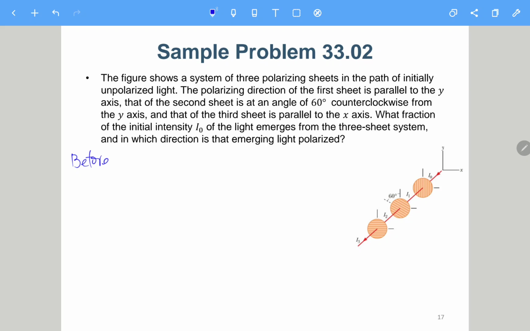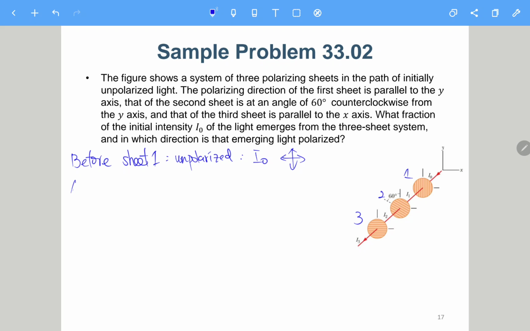Okay, so before sheet 1, so this is 1, this is 2, this is 3. Before sheet 1, the light is unpolarized. So we have the intensity I0, and we have a vertical and horizontal component for the E field of the light.